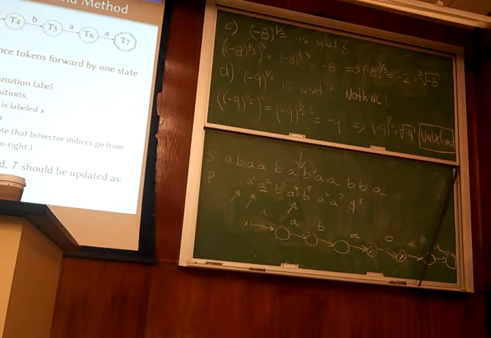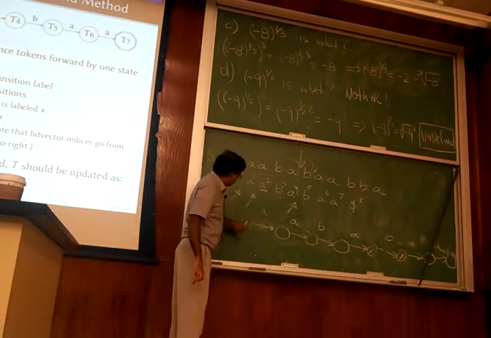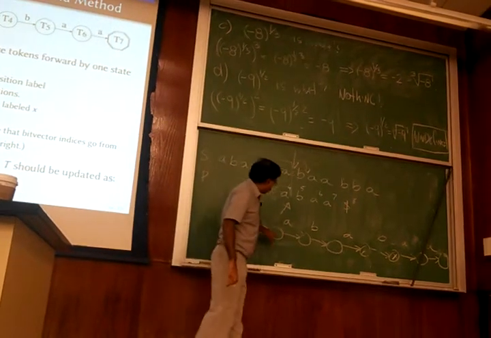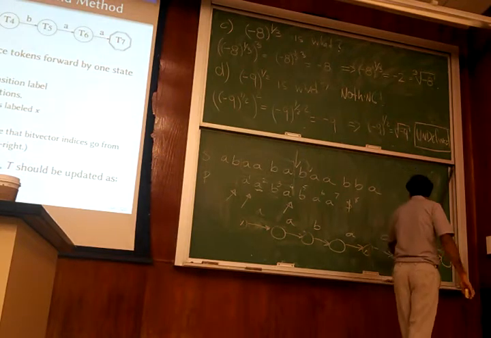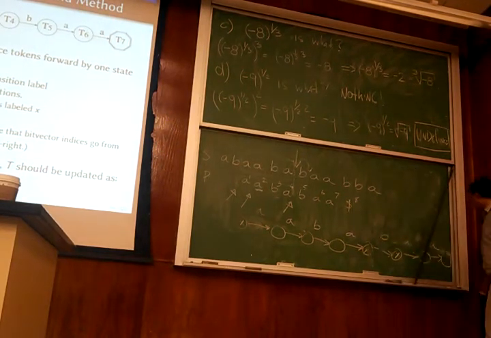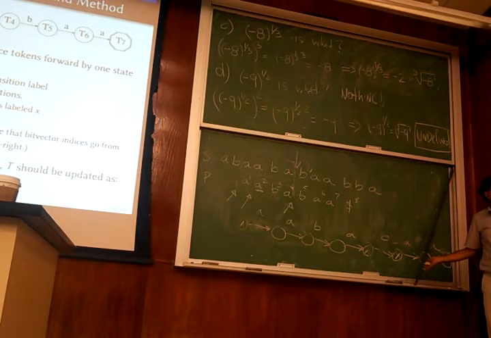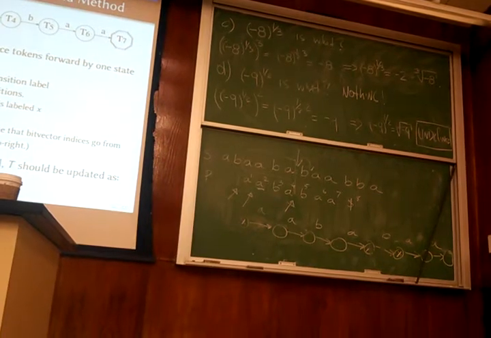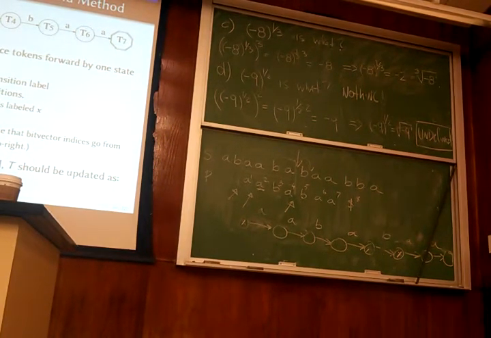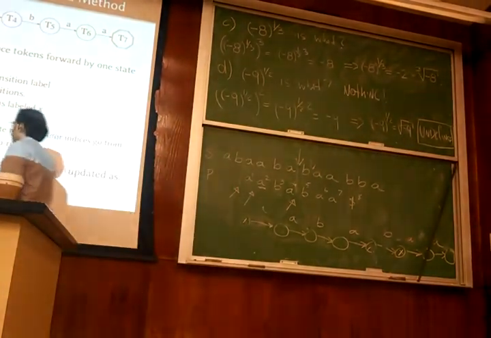For instance, there is a transition on A from states 0, 1, 3, 6, and 7. So some of these states have a transition on A, and we are going to use a bit vector to represent which states have a transition on A. We are going to call that delta A.